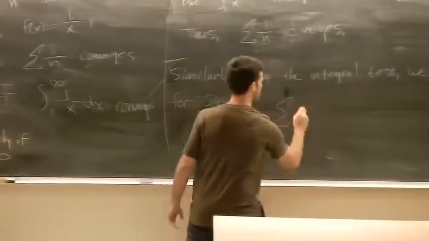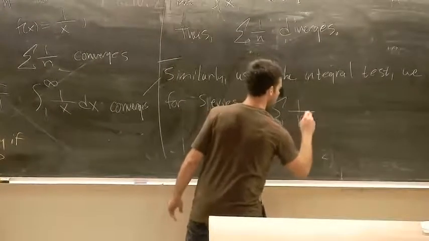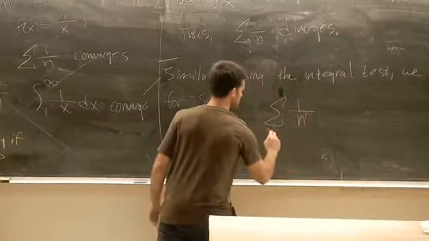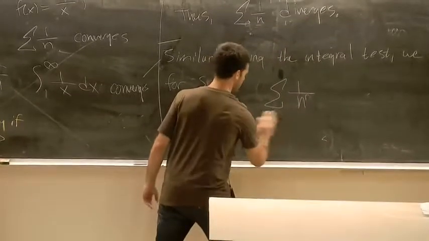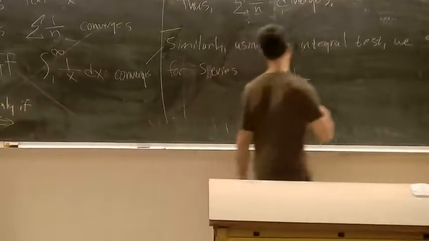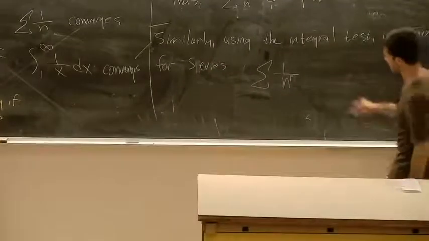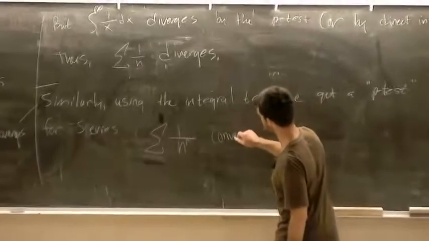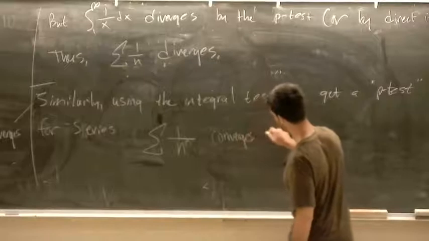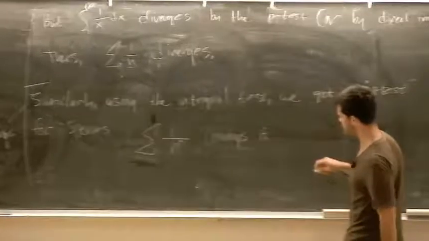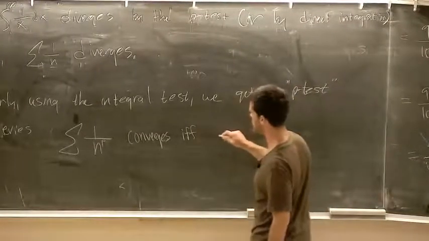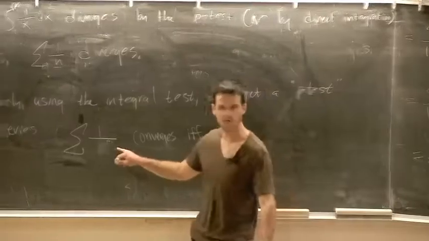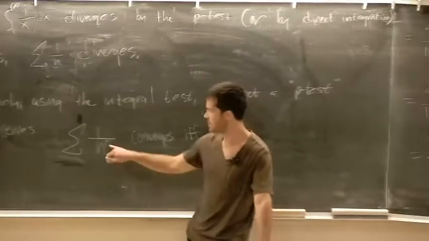So 1 over n to the p, from, well, whatever, 1 to infinity. This series converges if and only if, you guys remember what we needed?